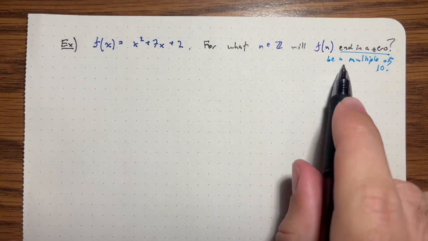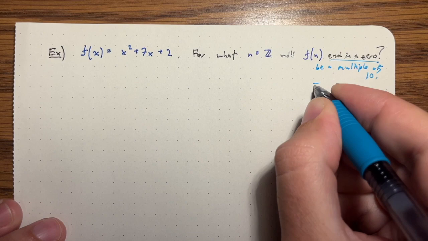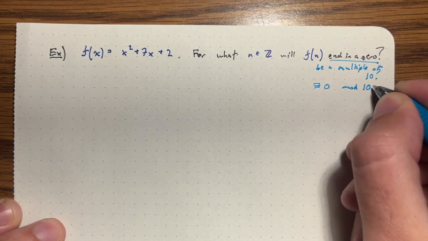Well, here's when something will be a multiple of 10. It's another translation still. That means f(n) is congruent to 0 modulo 10.